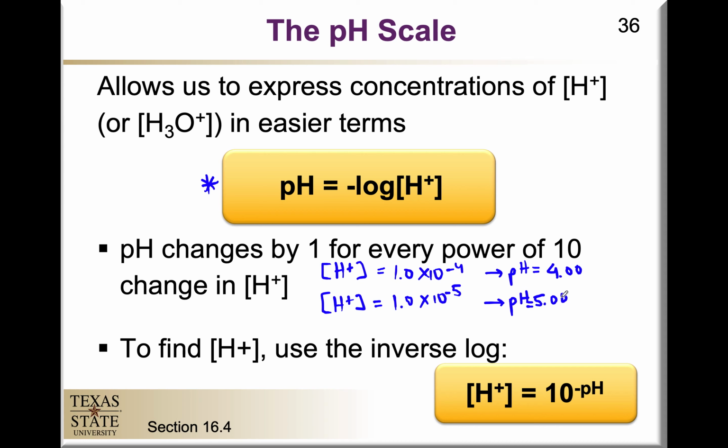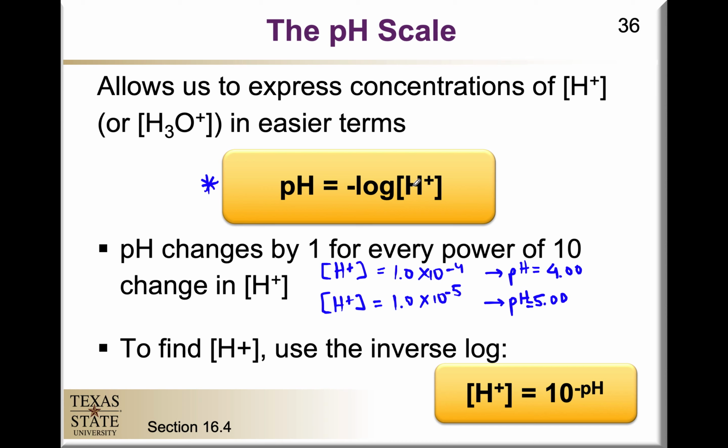In a second, we're going to talk about the scale of the pH, and that will actually help you see how much easier it is for us to think about the level of acidity by looking at the scale versus looking at the concentrations.